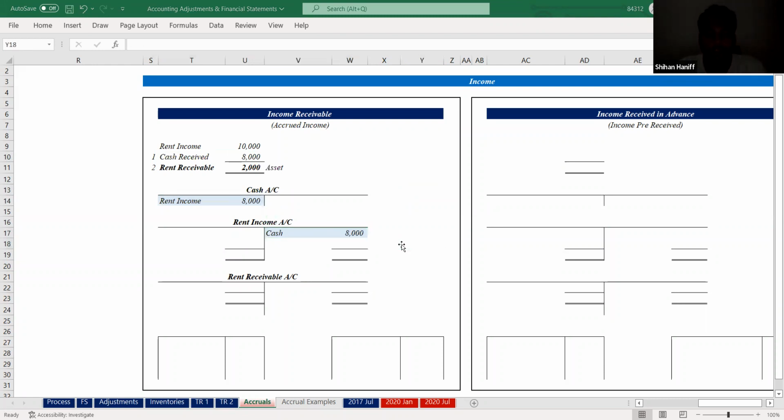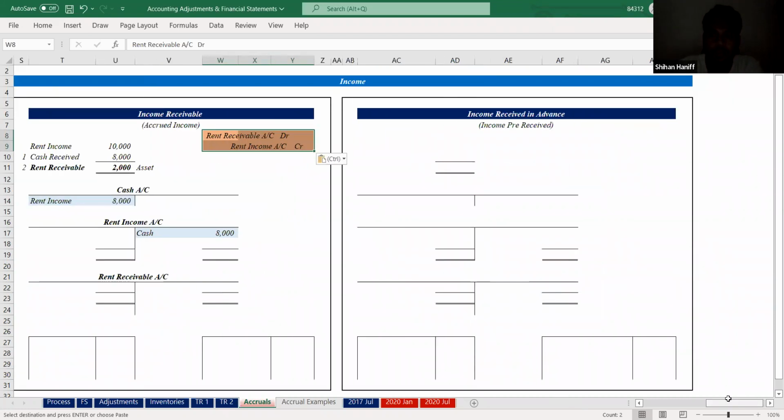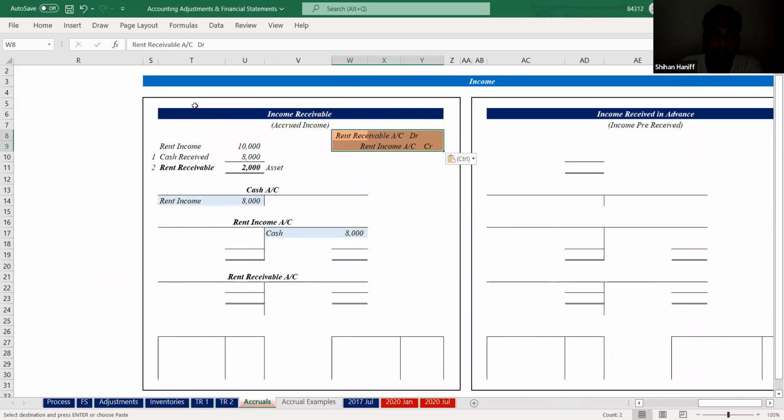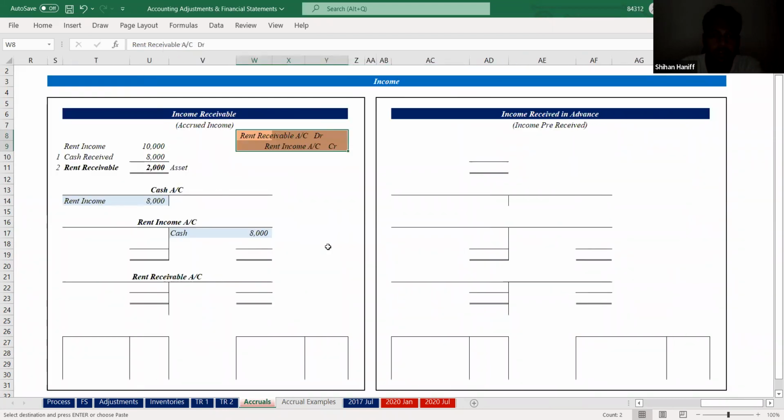Then the double entry for receivable is an asset. Okay, so receivable account debit, rent income account credit, since it is an asset. This is rent receivable debit, income account credit. That's it.